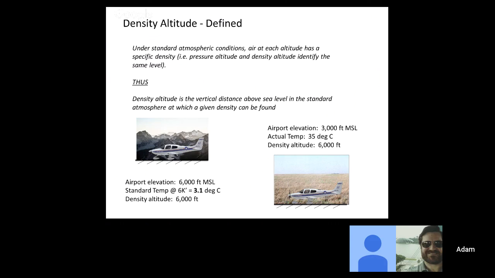Chris? Yes. Okay. So what you're going to find is, although in this particular session we talked a lot about ideal states like standard atmosphere and standard pressure altitudes, it's never the case. You'll always be making adjustments for temperature, and you'll always be taking into consideration density altitude for most of your performance calculations.